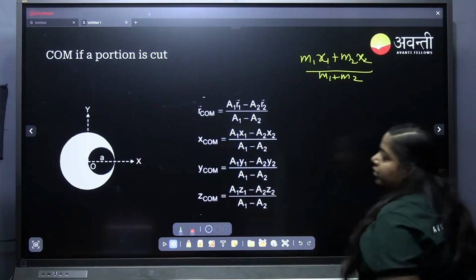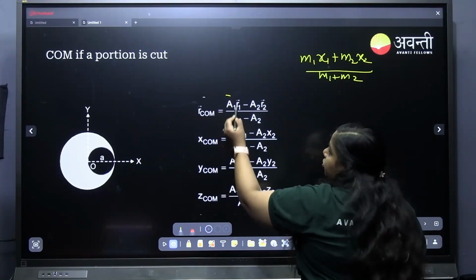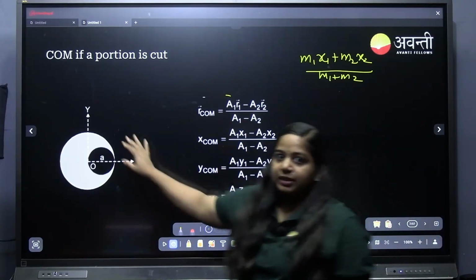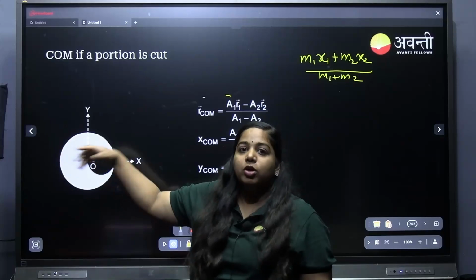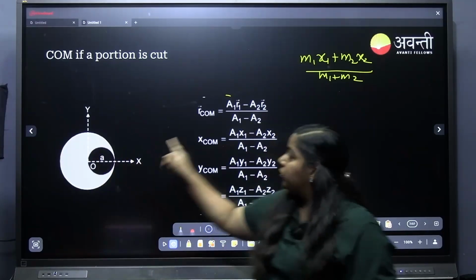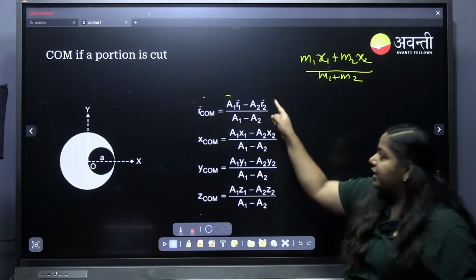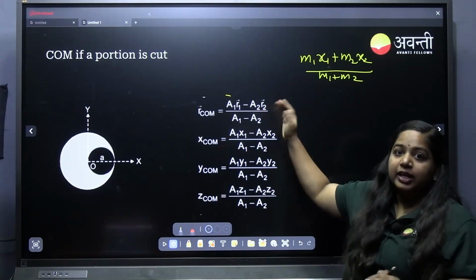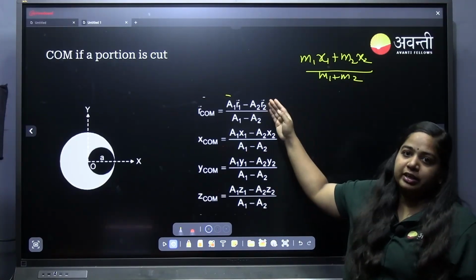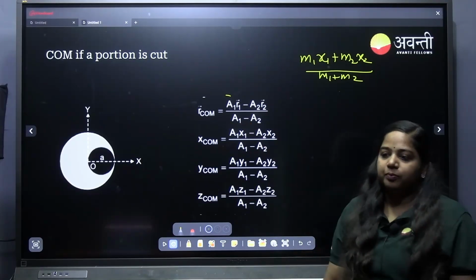It will be modified: area of first mass, imagine this is a complete body, what will be its area, into center of mass of first one, minus area of the region that is cut into center of mass of that region, divided by A1 minus A2.